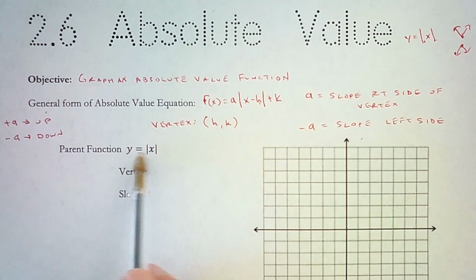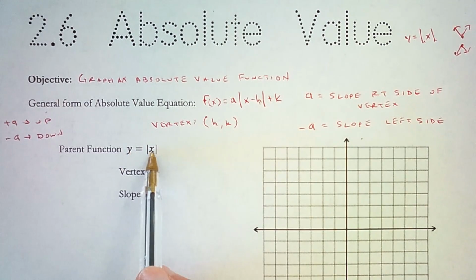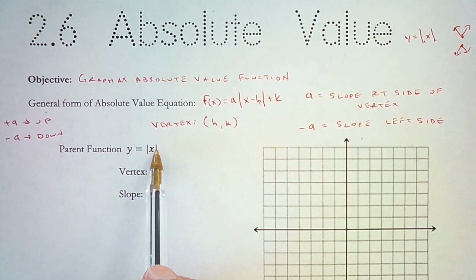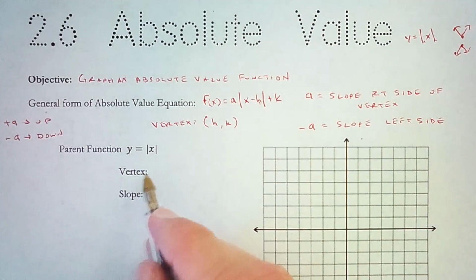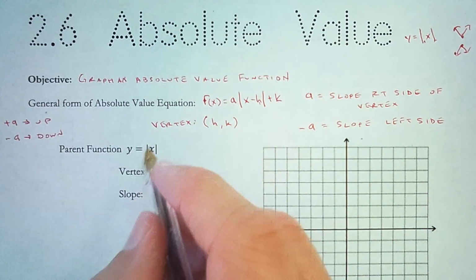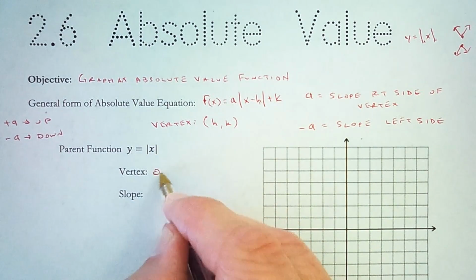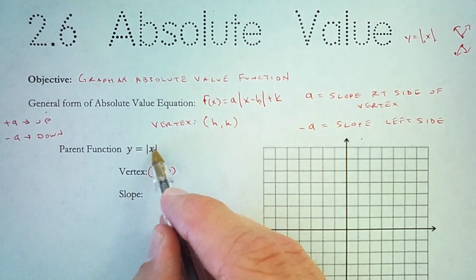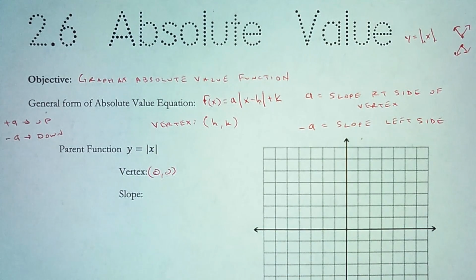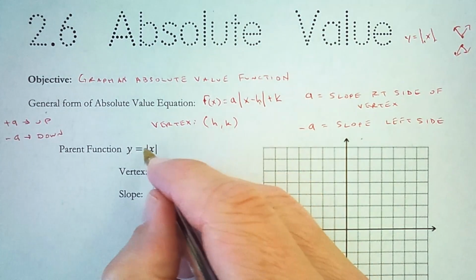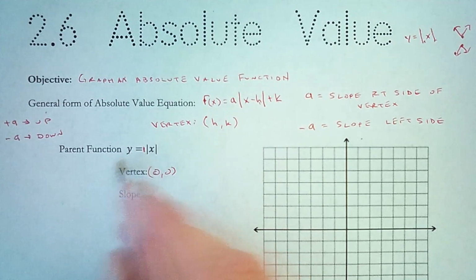Okay, so here we have what's called the parent function, which means there's no transformations. It's not going to shift up or down. It's not going to open wider or narrower or taller or shorter. So the vertex here is going to be (0, 0), because there's no h, there's no k, so that's 0. a is 1, and it's positive 1, which tells me immediately once I graph this, I know it needs to open upward.